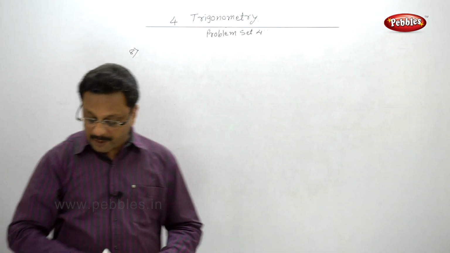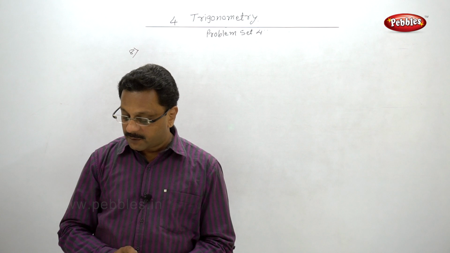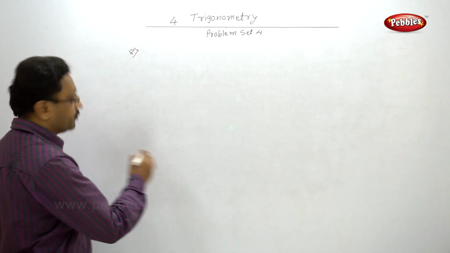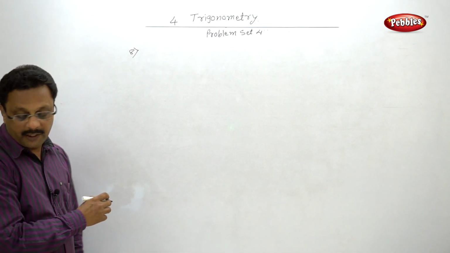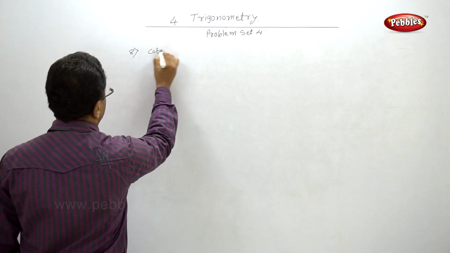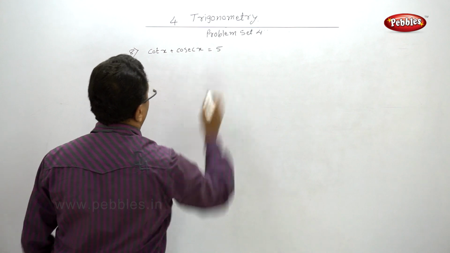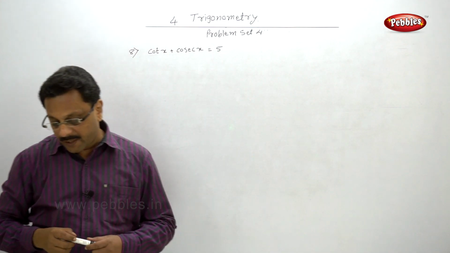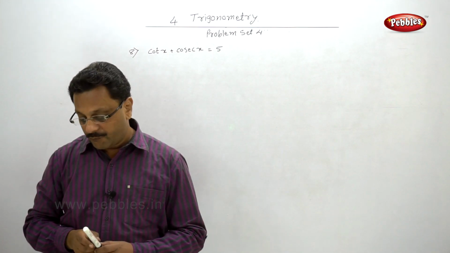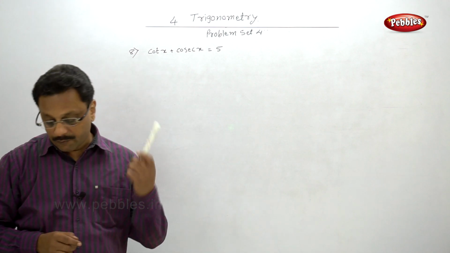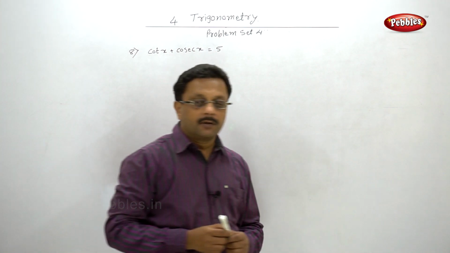Find a possible value of cos x if cot x plus cosec x equals 5. We have to find possible values of cos x. How will you solve this? This is very simple.